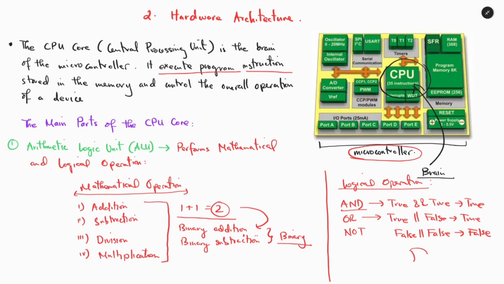That is for the OR gate, and this is why the CPU can perform this type of operation.